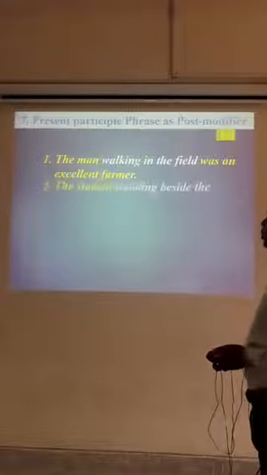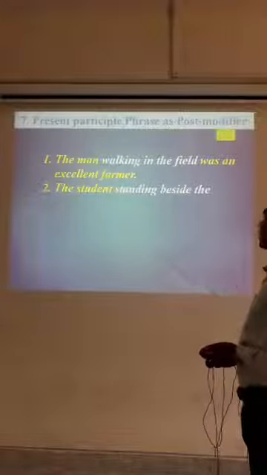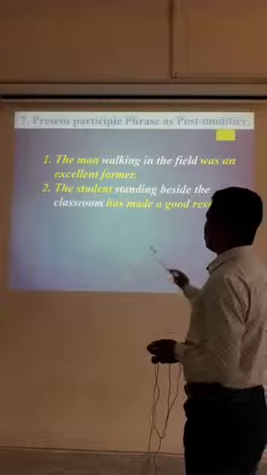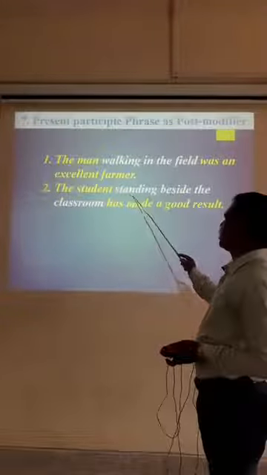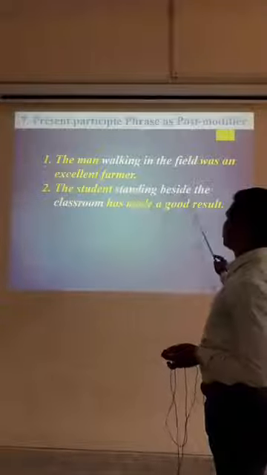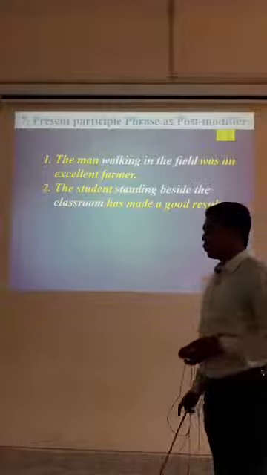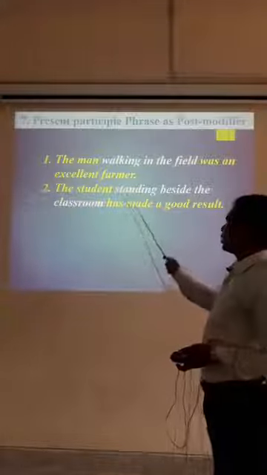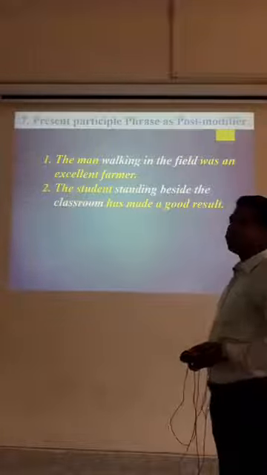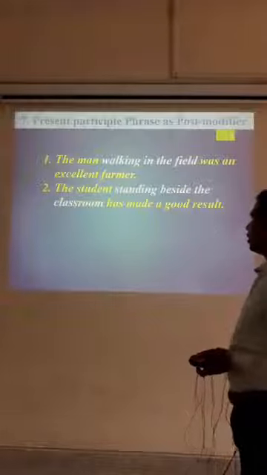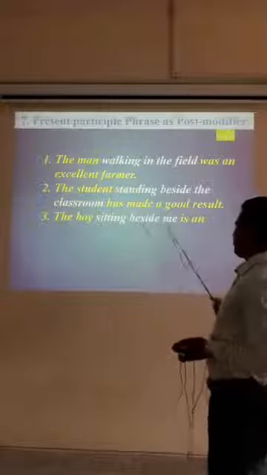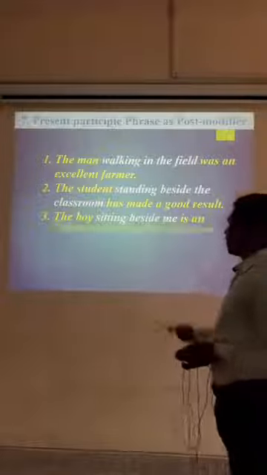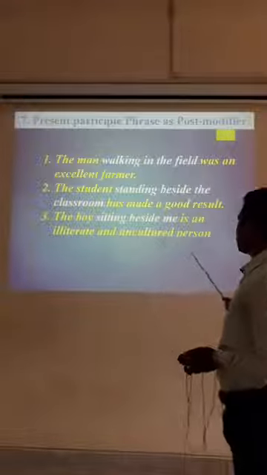Number 2, the student standing beside the classroom has made a good result. This is the phrase, that means participle phrase, standing beside the classroom. So it is used there as post modifier, sitting after the word student. Now, the boy sitting beside me is an illiterate and uncultured person.